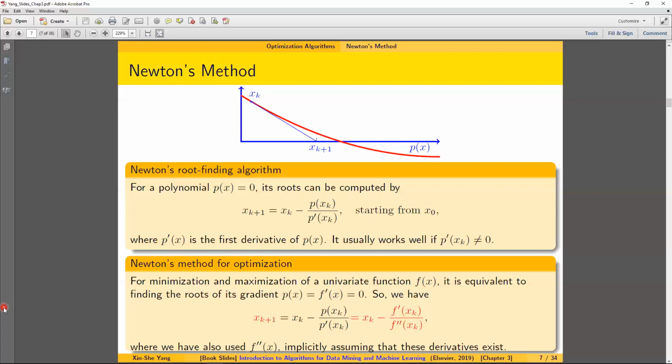So now you know that x_{k+1} equal to x_k minus p(x_k) divided by p'(x_k) is essentially the same as x_k minus f'(x_k) divided by f''(x_k), where we have also used f''(x), implicitly assuming that these derivatives exist, meaning the first order derivative and the second order derivative as well.